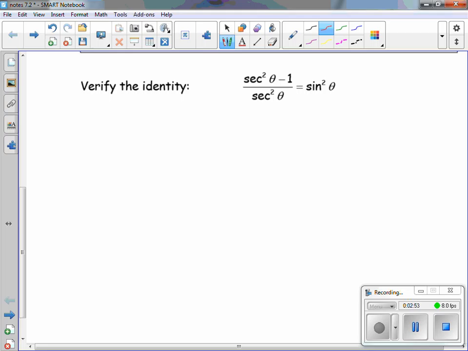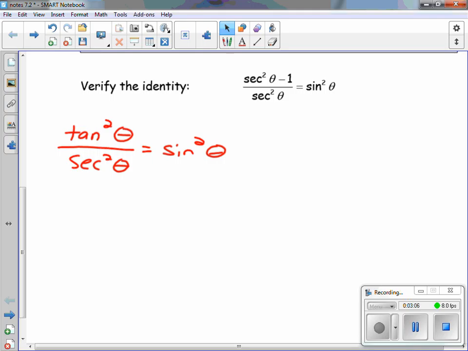So this will be tangent squared theta over secant squared theta equals sine squared theta. Okay. Any questions so far? All right.